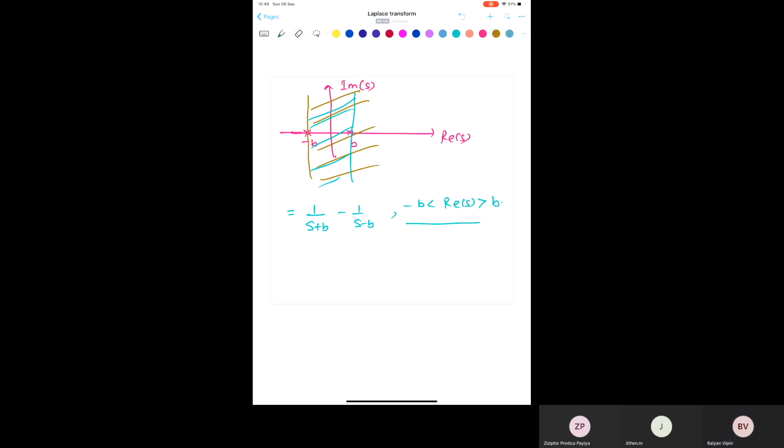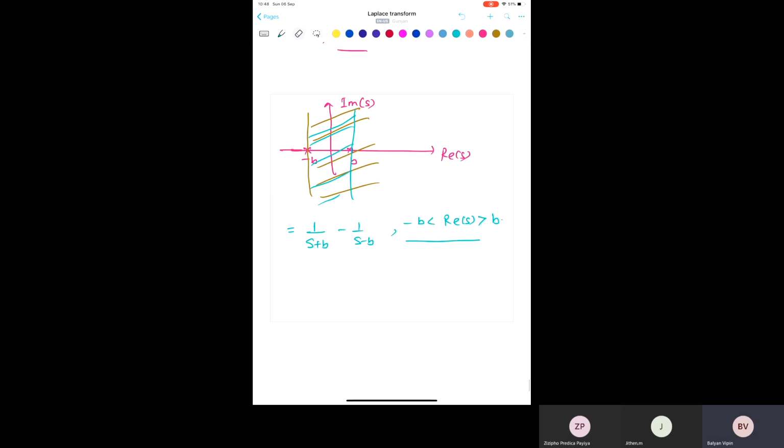Then you can easily solve it now if you want to rationalize it. So it will be s square minus b square in the denominator. So it is s minus b. S will cancel with s, so it will be minus 2b over s square minus b square, and then you have a region of convergence which is given here.